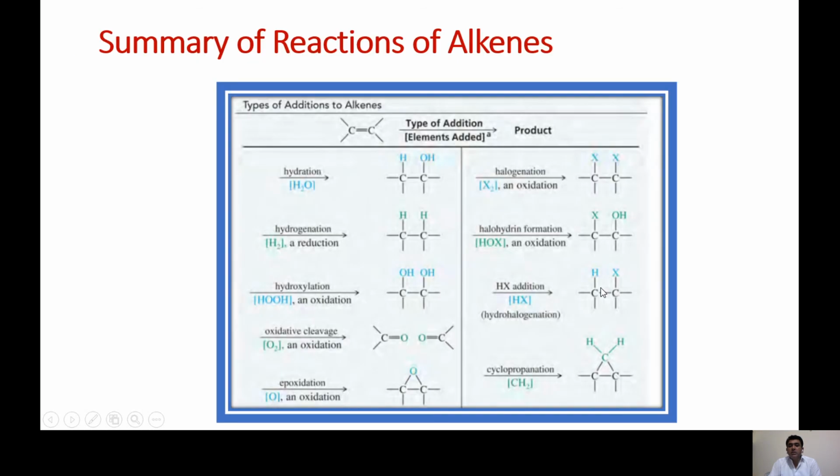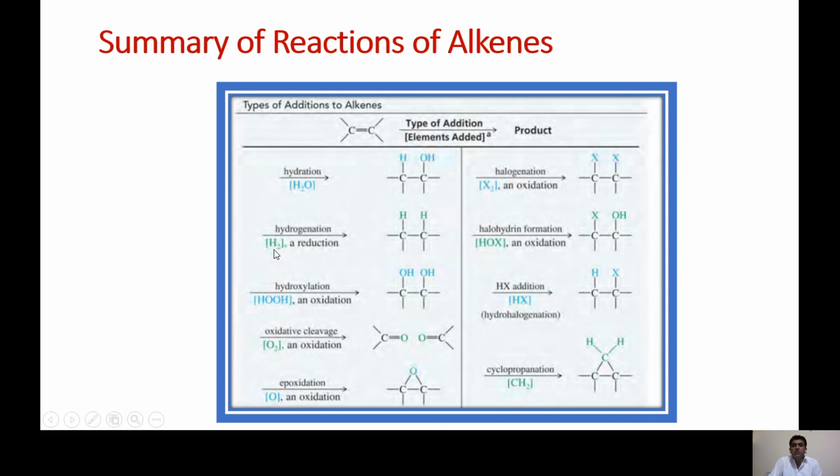In short, this is the summary of all the reactions of the alkene, and this is a very important summary. I took this page from another book, and you can see this is the alkene. We add something and we get the product. It means all the reactions are generally addition reactions, but some of them are oxidation as well as polymerization. By the addition of water, hydration, one carbon gets the H, the second carbon gets the OH, giving alcohol.